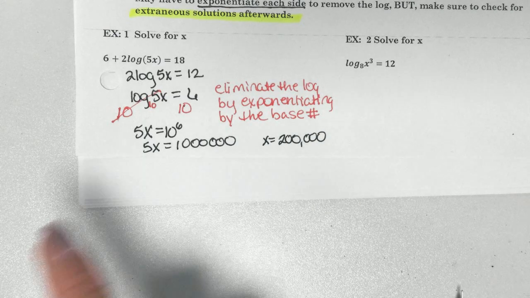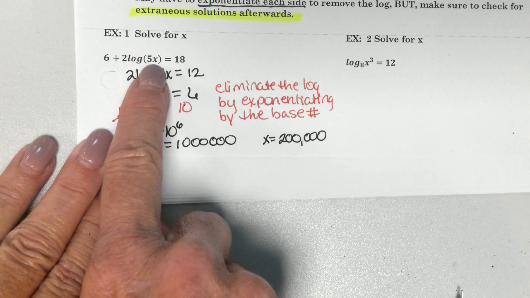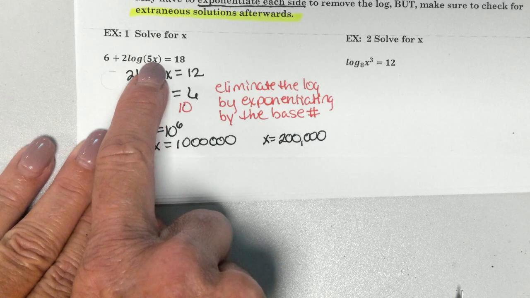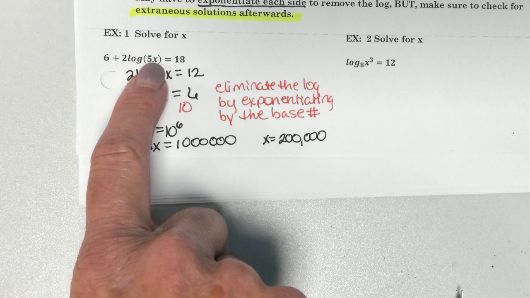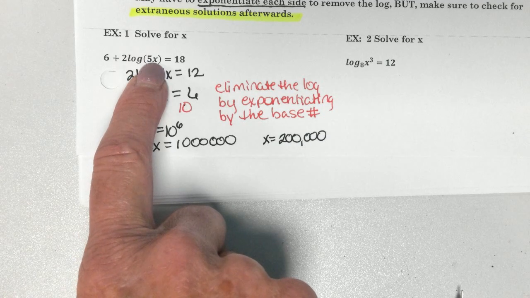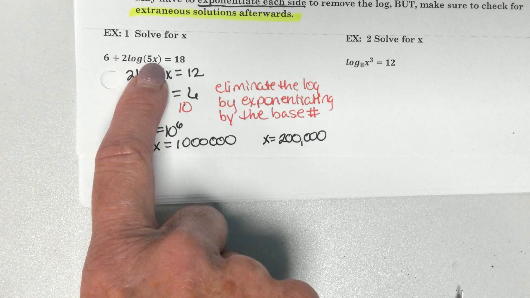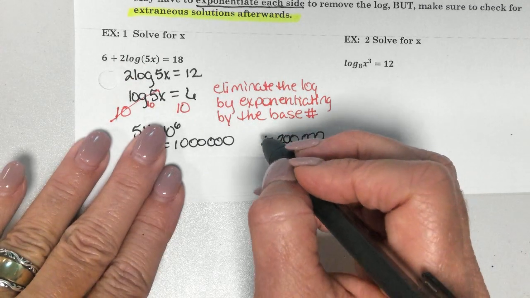And since I exponentiated, if I plug 200,000 back in for x, I'm going to get the log of 1 million. And I'm okay. I can take the log of 1 million. It's a real number. It's not negative. It's not zero. It will work. So I know that my answer is valid.